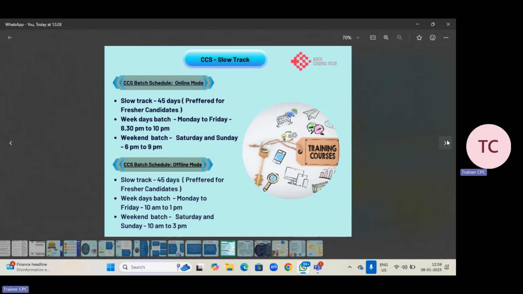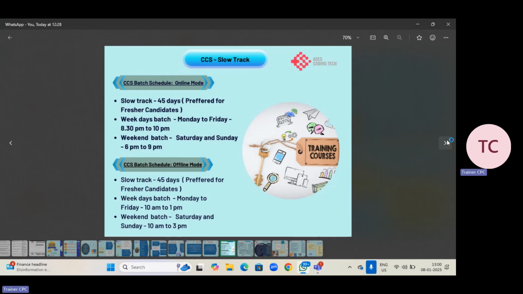So we are just new to this medical coding field. For those people, we will be preferring slow track batch. Because in slow track batch, we can cover from scratch, like what is medical coding, what we are going to do here, what is revenue cycle management, like that.